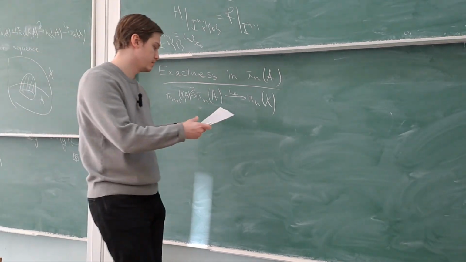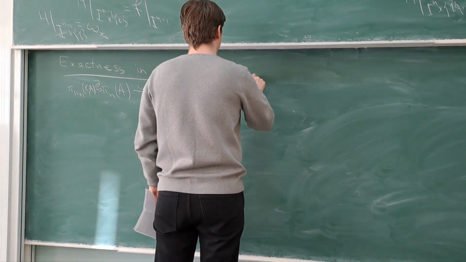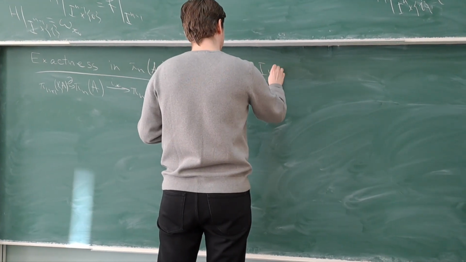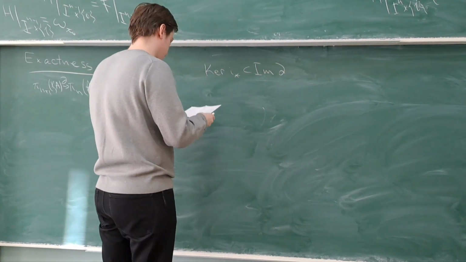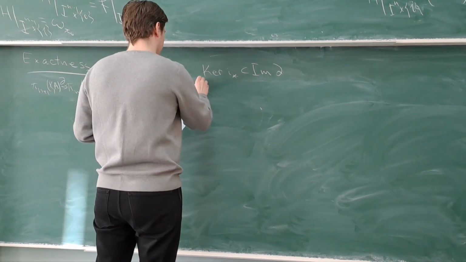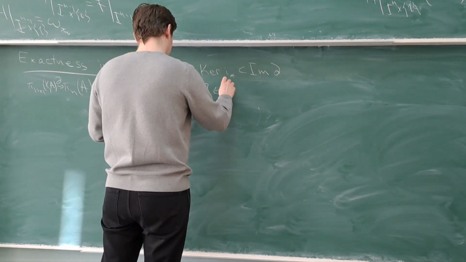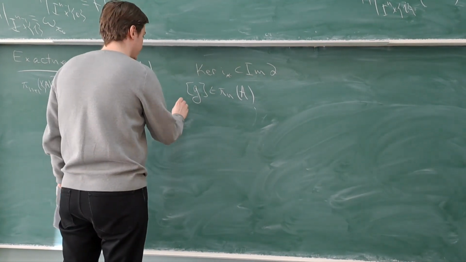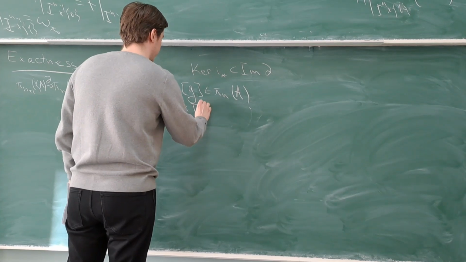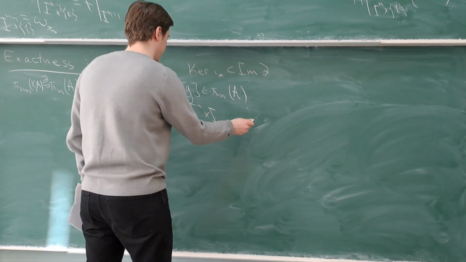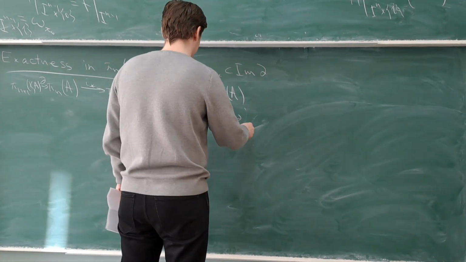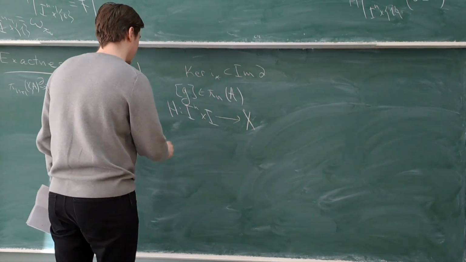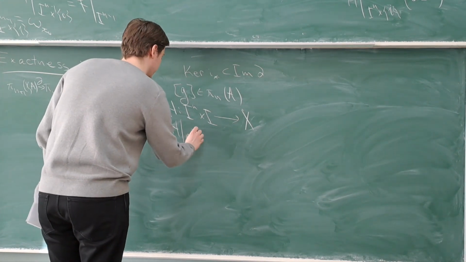So and again, I need to check that this inclusion, and this is also very easy, in fact. So let's look at some elements in Pn of A, which lies in the kernel. Again, we have a homotopy between this one and the constant one in X. So let me just write it like that.